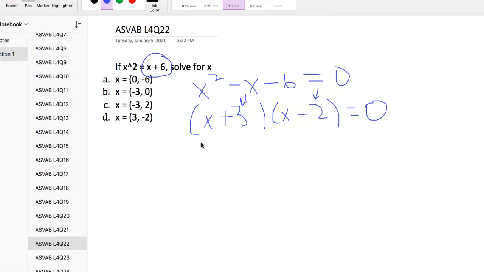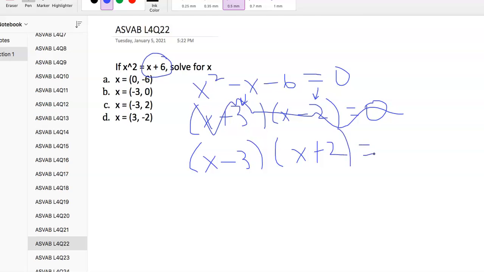But what about -3 and 2? Right, so again, we want something that multiplies to -6, and we have these two numbers adding up to -1. So let's go ahead and plug this in and see what happens.